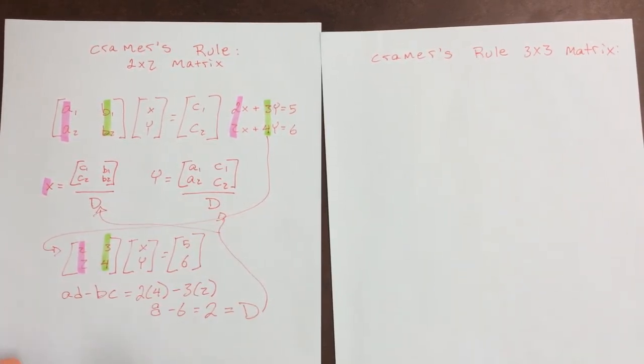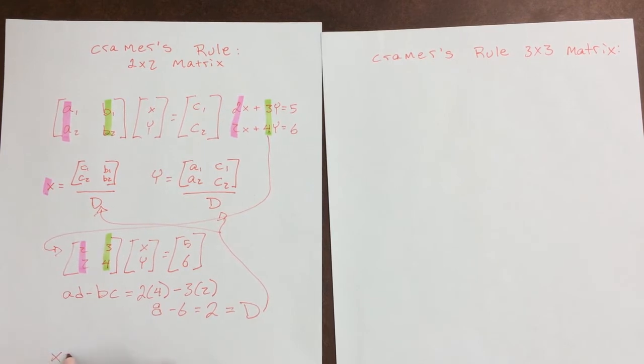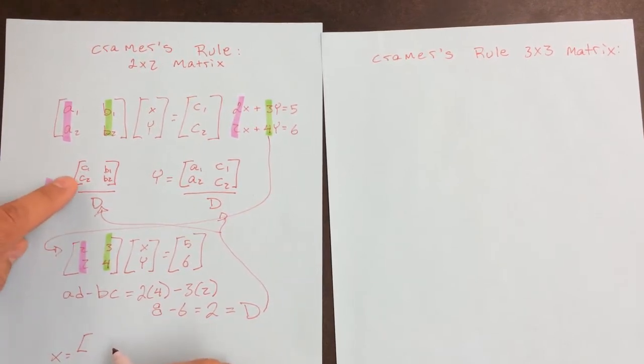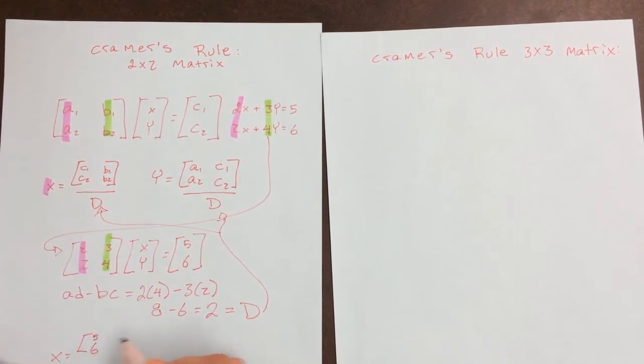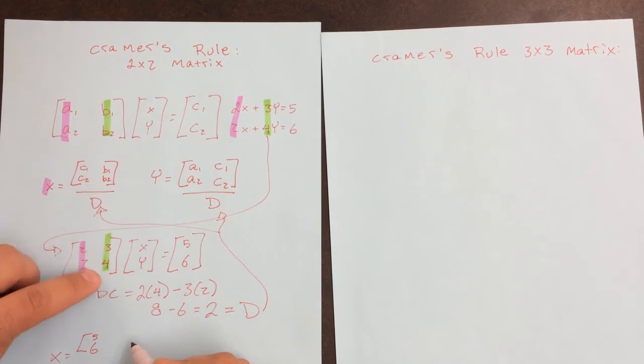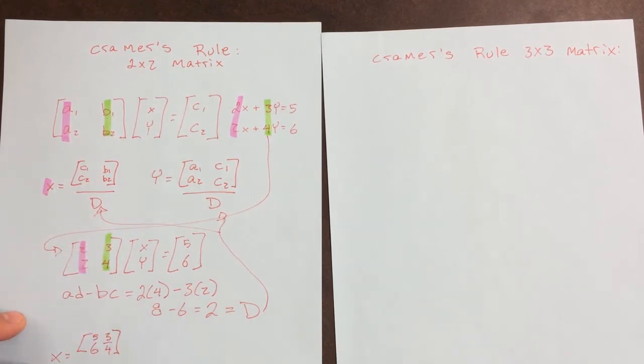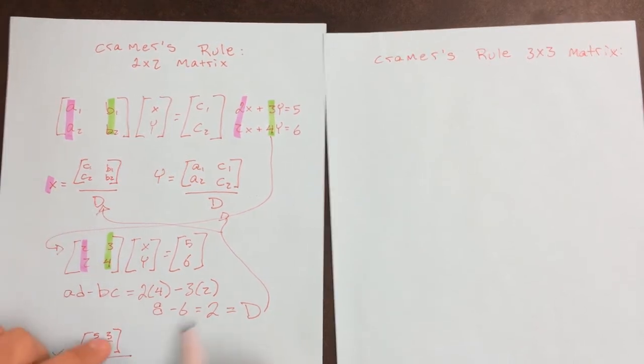I'm going to rewrite my equation with the numbers in. c1, c2 is 5 and 6, b1, b2 is 3 and 4. Pretend that the fraction bar is not there, over D, which is 2.